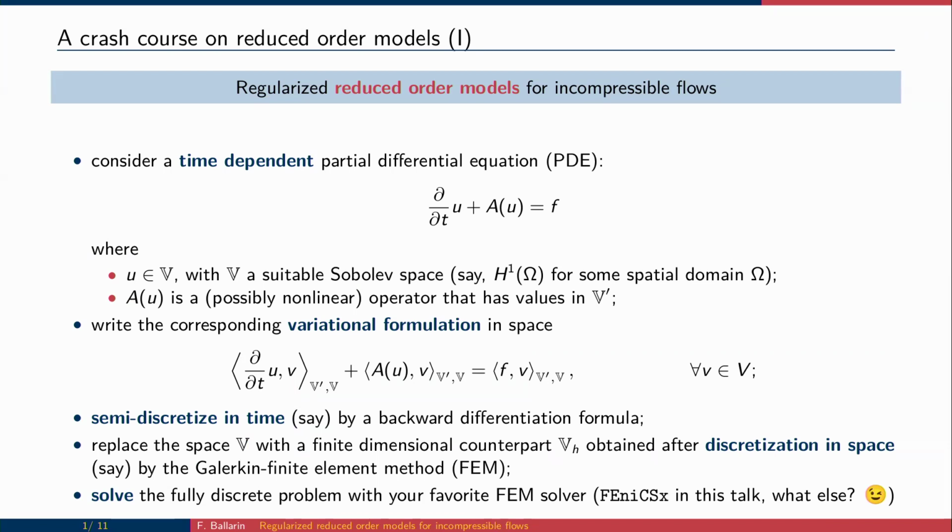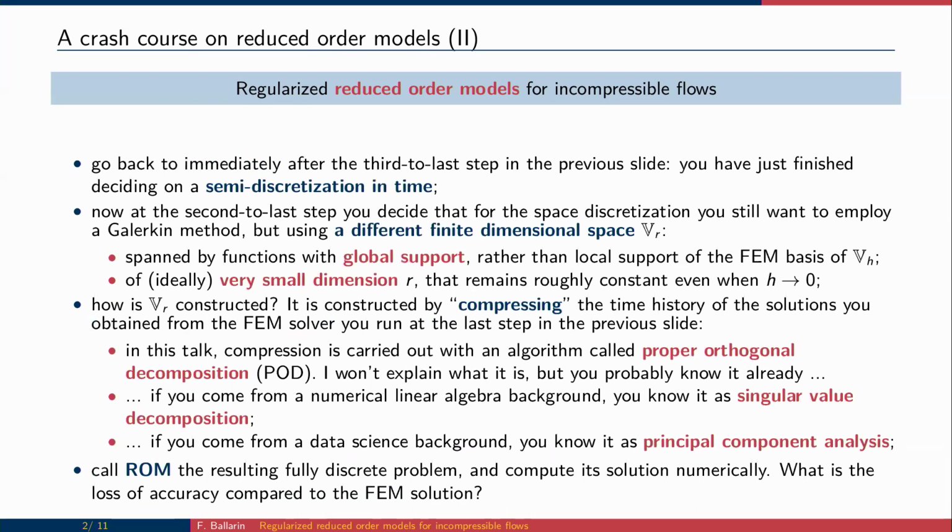Then, in order to finish up with the discretization, you replace the space V with a finite dimensional counterpart that I will be calling VH, obtained by a further discretization in space by the finite element method, for instance. After this, you are able to solve the fully discrete system using your favorite finite element solver, for instance, FEniCSx.